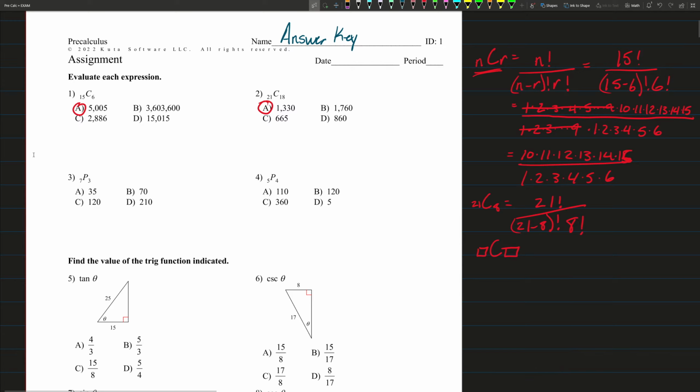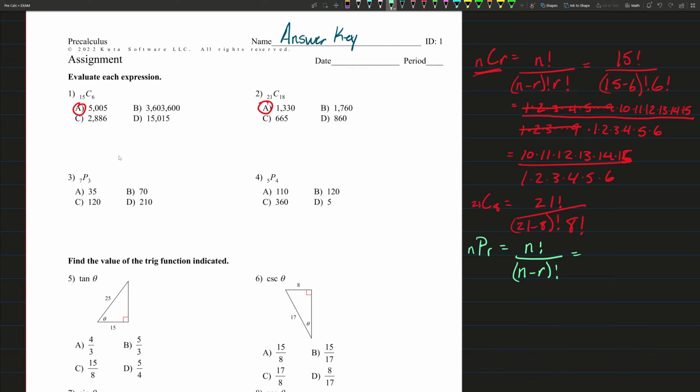Permutations are pretty much the same thing, except they have one less part. So I'm going to erase some of this. Permutation nPr is going to be n factorial over n minus r factorial. And that's it, there's no second part.